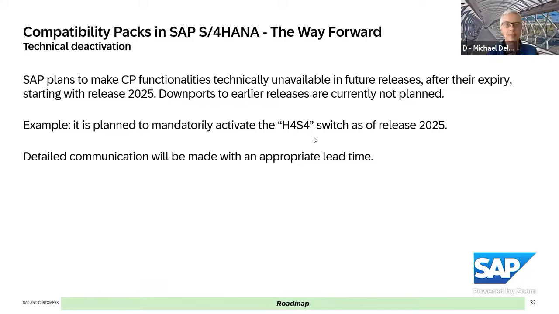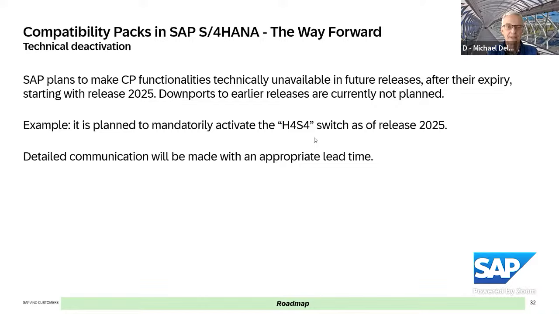Okay, so as said in the beginning, for functionalities, let's say parts of coding for which no usage rights exist anymore, of course, SAP is going to keep the simplified S/4HANA stack simple. And therefore, SAP is going to take technical deactivation measures, meaning compatibility scope functionalities which have expired will be made technically unavailable.